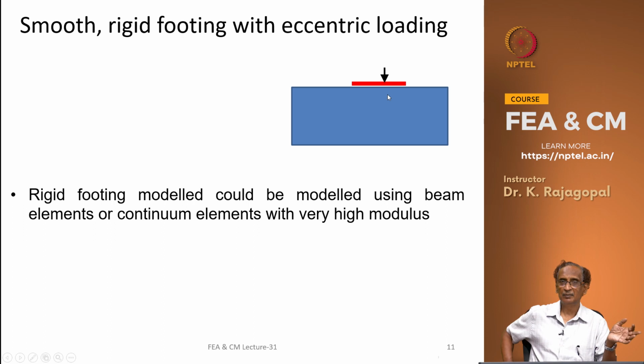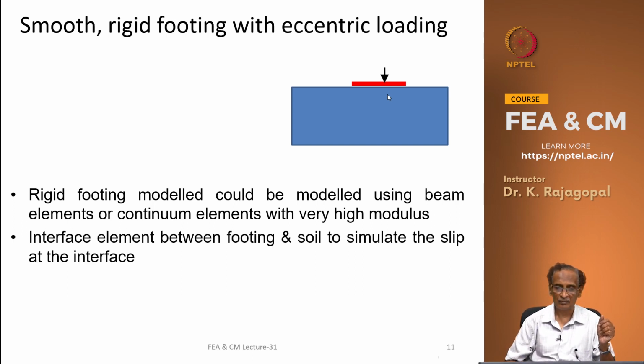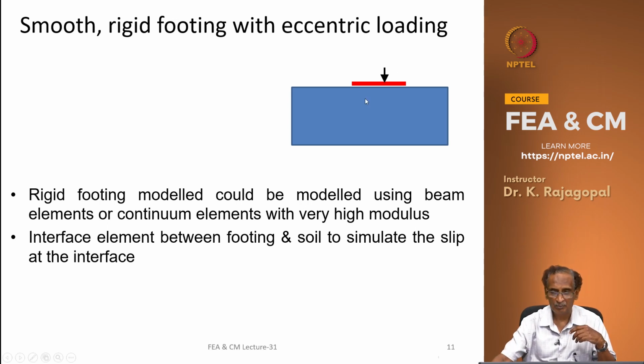Usually we use a beam element because it is easier to control the modulus. You can control the Young's modulus, the moment of inertia, and the section, and then we can apply the loading eccentrically, and we provide an interface between the footing and the soil, so that we can simulate the slip.